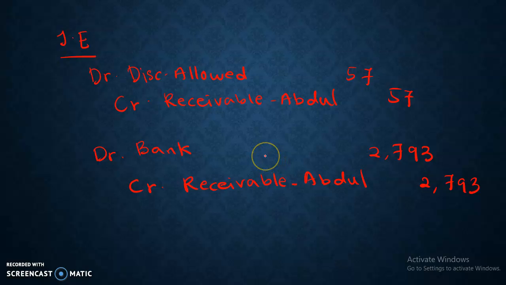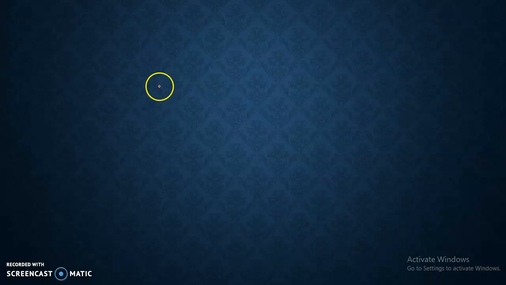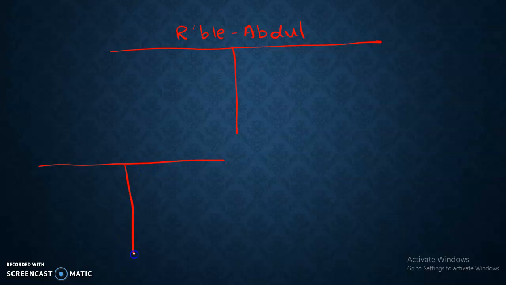Now, let's open the ledgers. So first of all, you will have your receivable Abdul account. Then you have your discount allowed, as well as your bank.